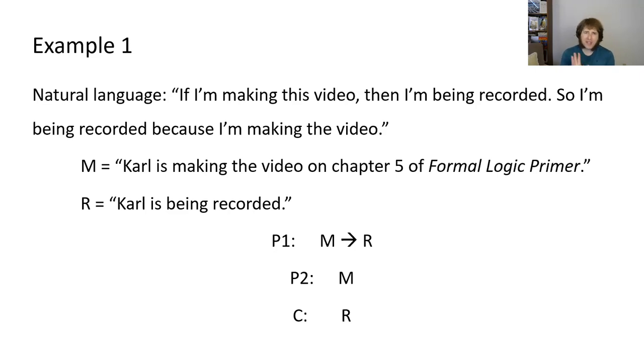So if you just look at the natural language, we really have this order: if M, then R, R, M. Right? That's really the sequence that's there. What we have is that inference indicator, "so," that indicates that R, Carl is being recorded or I'm being recorded, is actually the conclusion. Now, in this case, the conclusion comes before a reason that's being given, because I'm making the video.